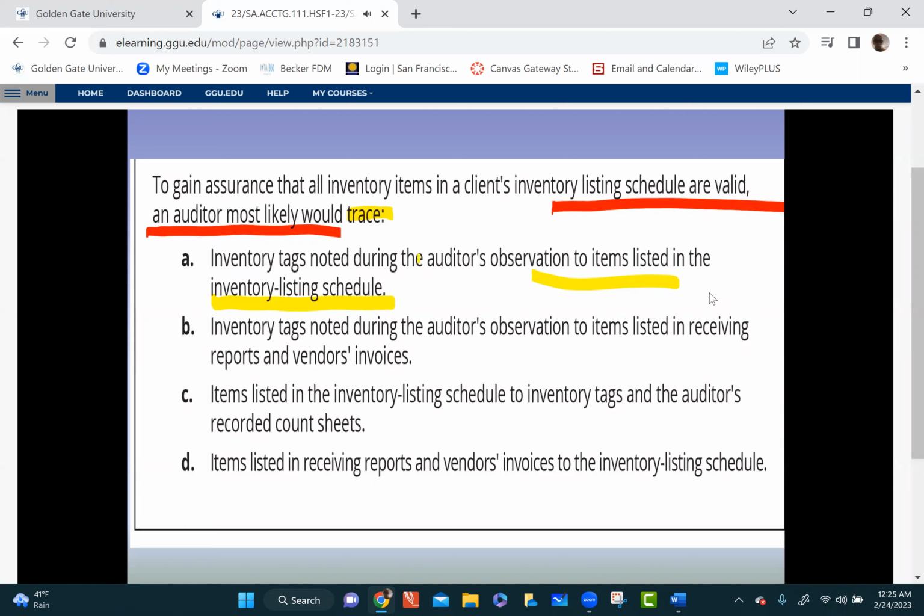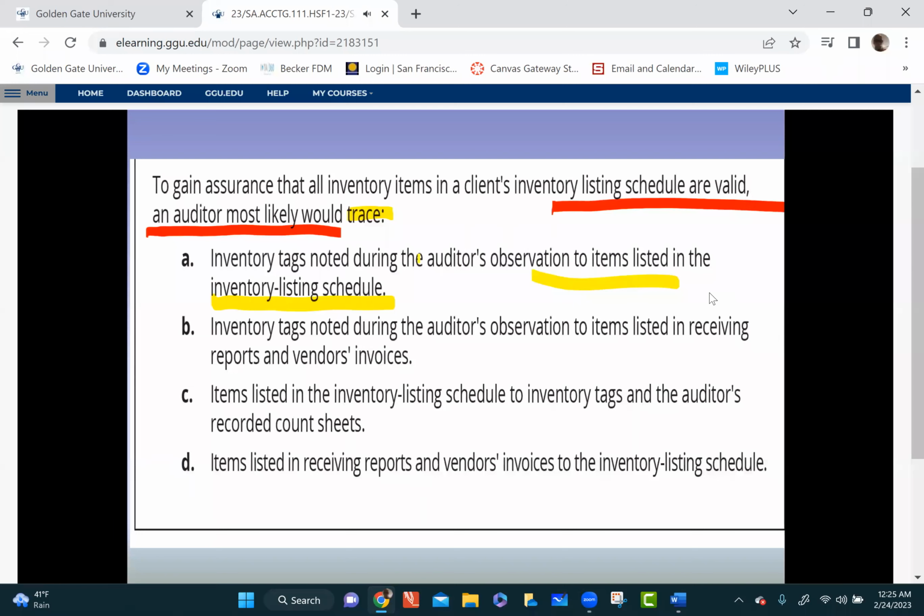Okay, anyway, let's take a look at B. Inventory tags noted during the auditor's observation to items listed in receiving reports. That is not going to help me with the existence assertion. Just because something's listed in the receiving report doesn't mean they actually received it.